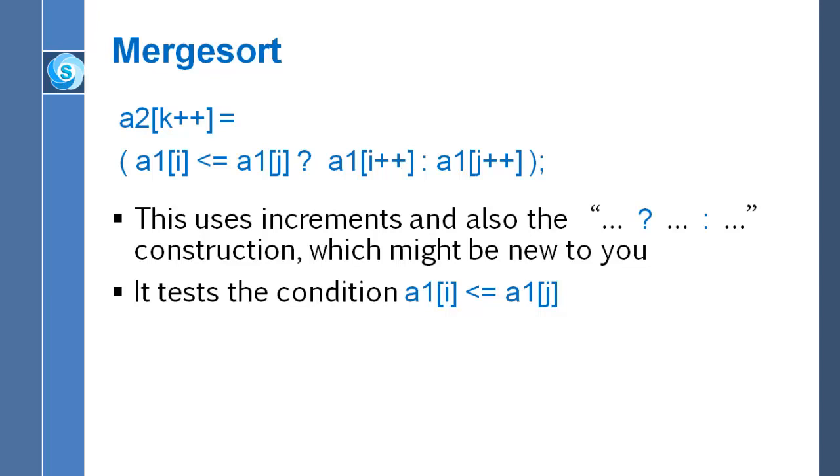Okay? So in this overall statement up here, we're either going to be copying A1 bracket I++ into A2 bracket K++, or else copying A1 bracket J++ into A2 bracket K++.